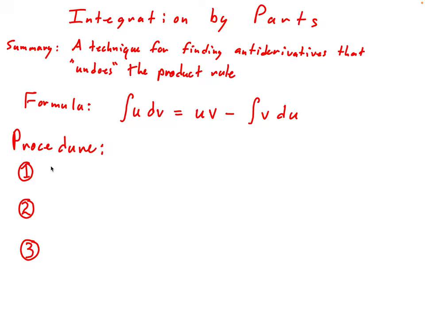First step is to look at our problem, and we want to split the integrand up into two pieces. So we take the given antiderivative, and we'll take the integrand and split it up into two pieces.